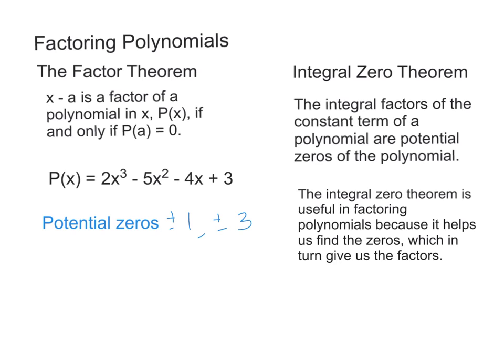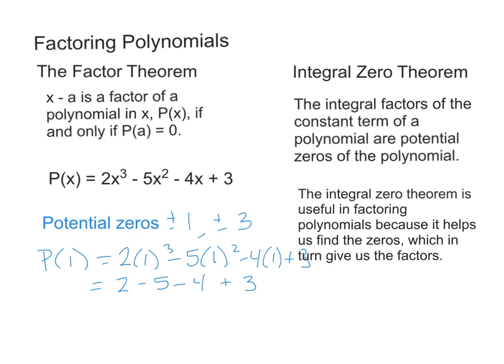Which one do you want to test? I usually test 1 and negative 1 first, just because it's easier, and sometimes I even do it in my head. But if we're going to test 1, p of 1 is equal to 2 times 1 cubed minus 5 times 1 squared minus 4 times 1 plus 3, which is equal to 2 minus 5 minus 4 plus 3, which is equal to negative 4.